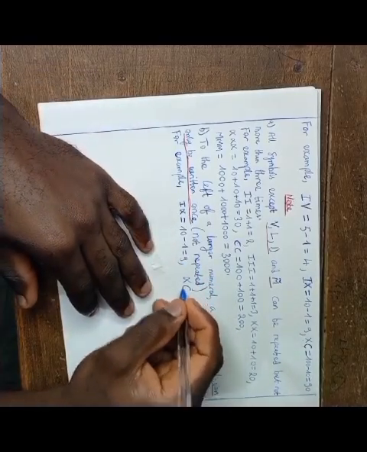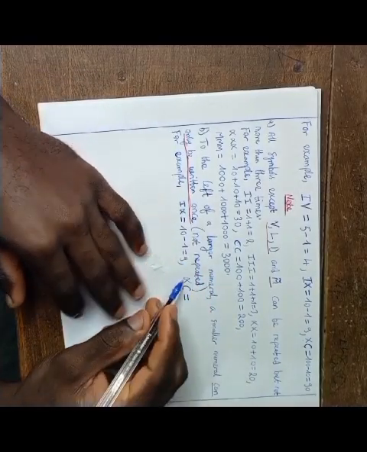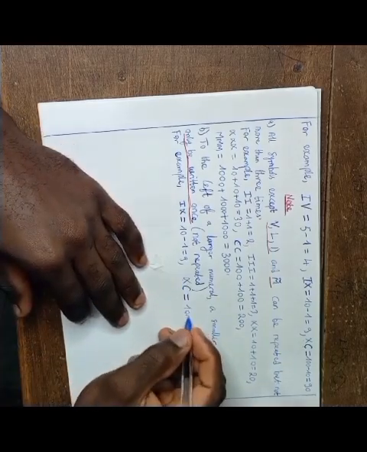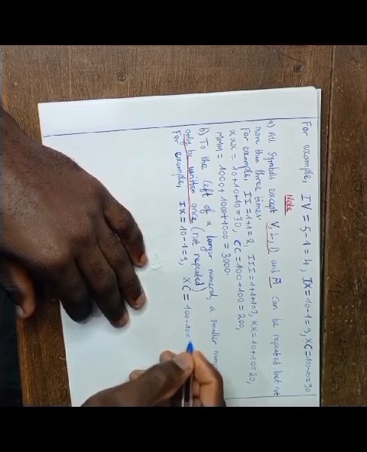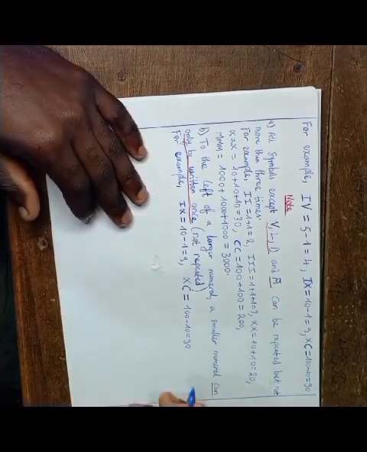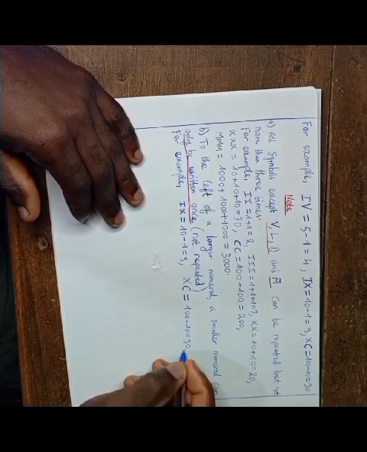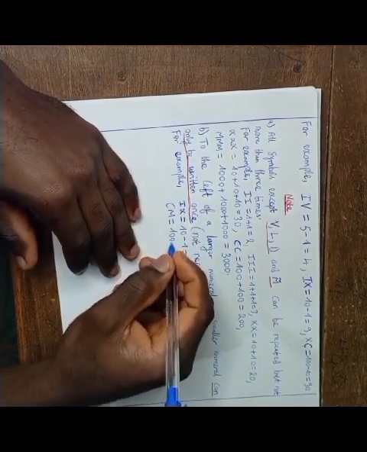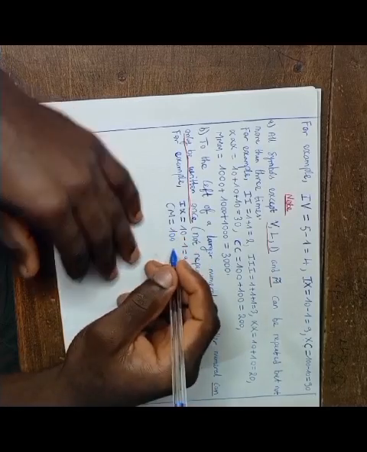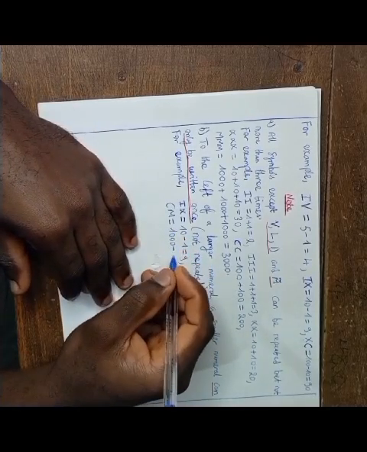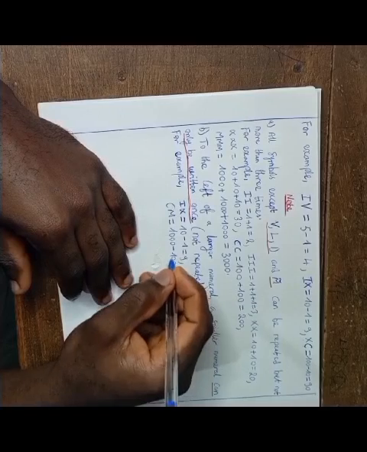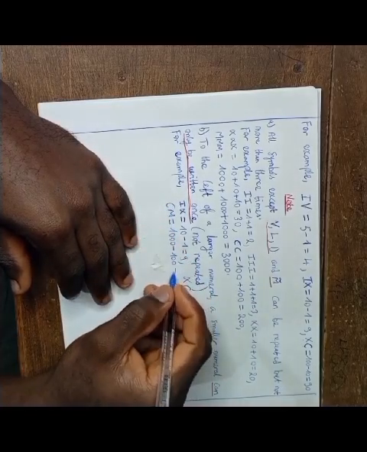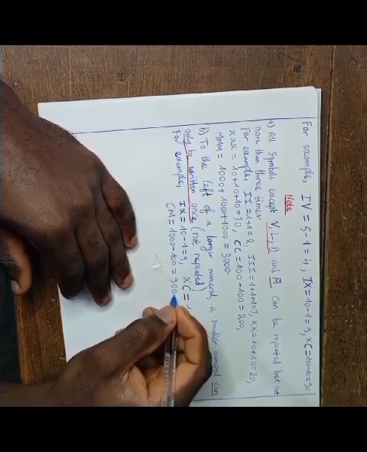Next, X is written only once to the left of C. The resulting number will be 100 minus 10, which is 90. Then the next we have CM, which is equal to 1000 minus 100. C is written only once, one time to the left of M, so this will give us 900.